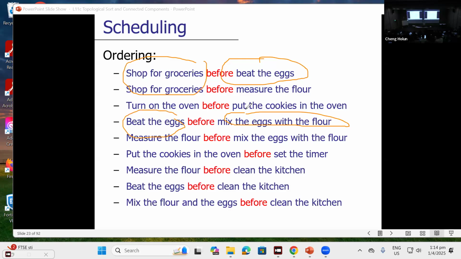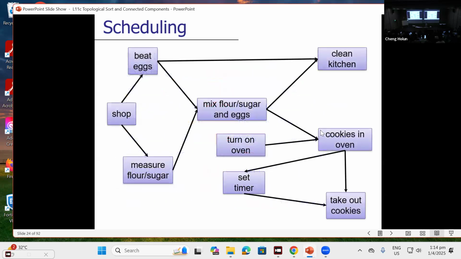And usually it's not only about making cookies. If you're doing a software engineering problem, or even just making an airplane, you have a lot of these dependencies. You must finish this before that, finish that before that. It will be a very complicated graph. What I can do is model it with a graph. Each arrow means I must finish one task before another.